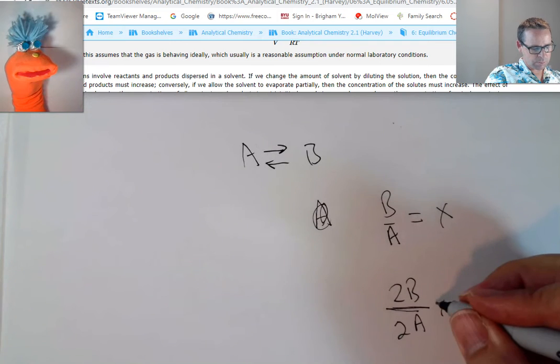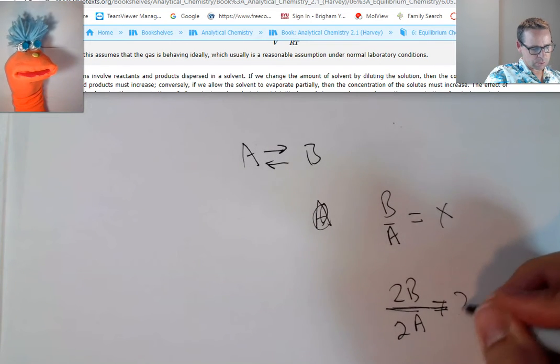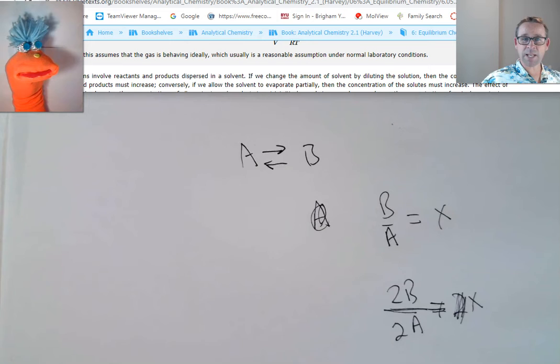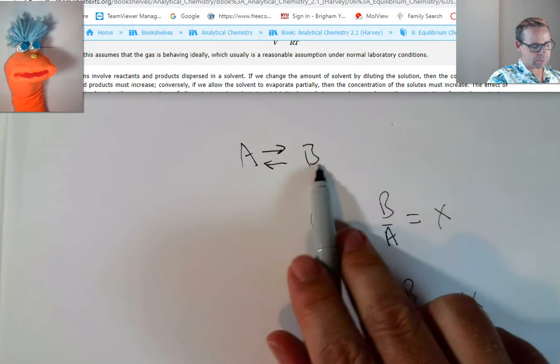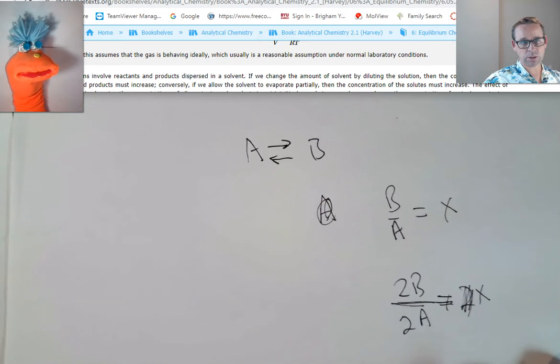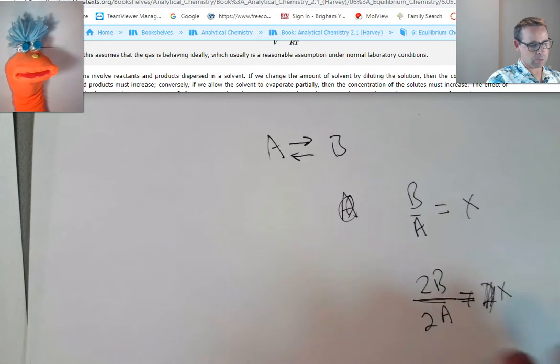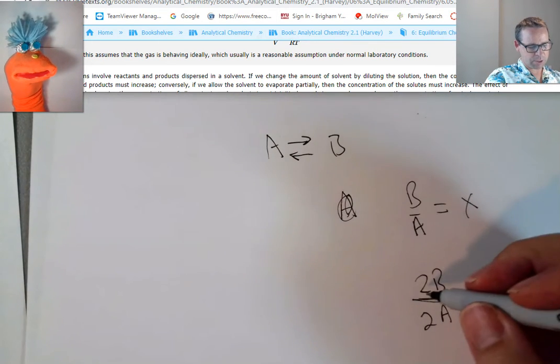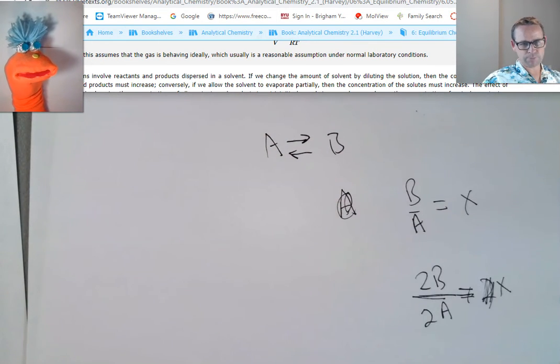Then my X is going to be the same, right? It's going to be the same. So when you don't have a difference in the number of molecules on either side, increasing or decreasing the concentration of those compounds, reactants and products, won't change the X there, right? Because we have 2 2's there. Okay, good.